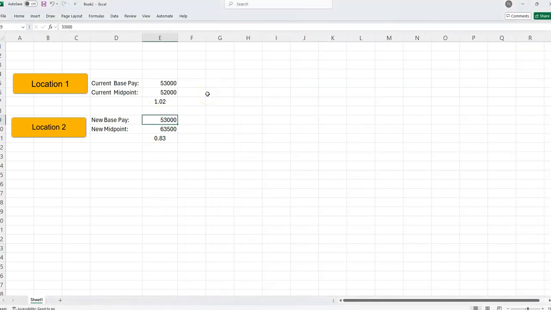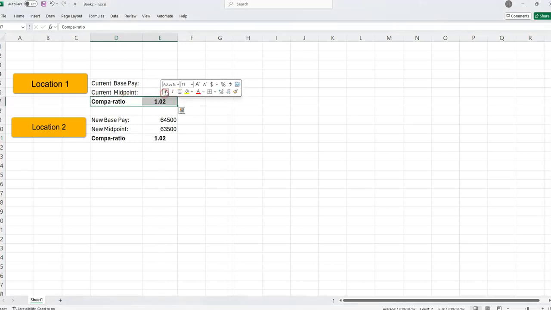So this 63,500, say if I do 64,000, that brings it to 1.01. So if we add 500, then we're exactly at 1.02. And this is the compa-ratio.